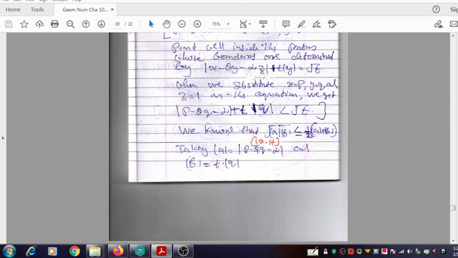Then we assume that modulus of a equals modulus of p minus theta q minus alpha, and modulus of b is equal to t into modulus of q. We assume that because t is already taken positive, it is a positive parameter, such that root t is less than 1 by 2.